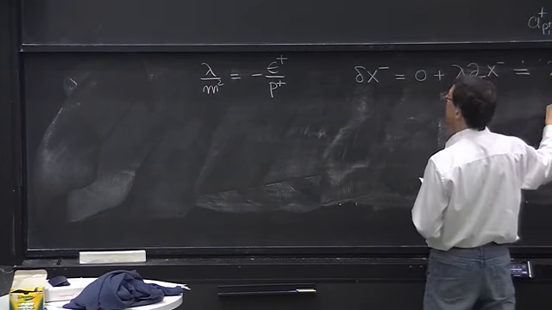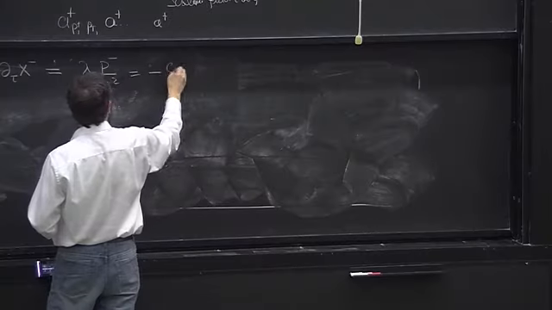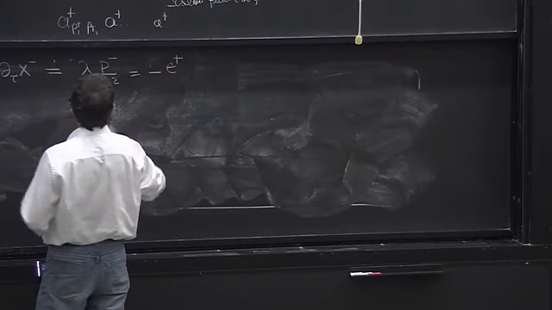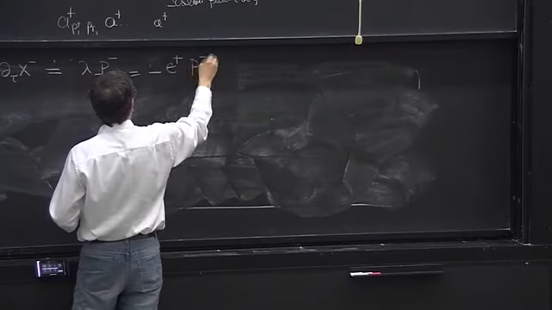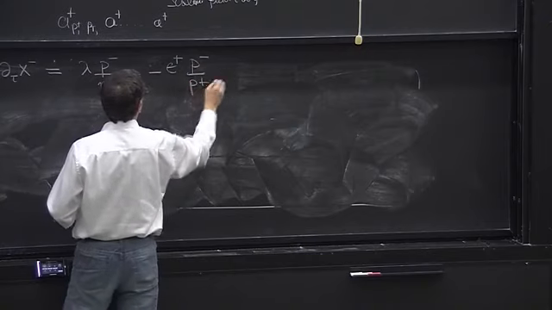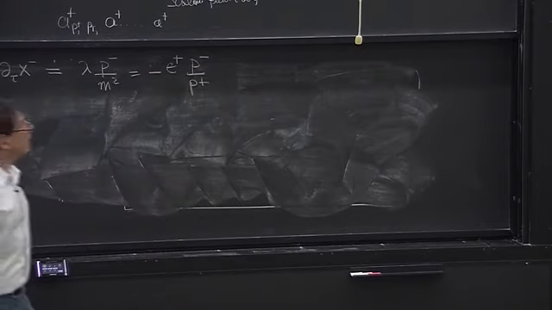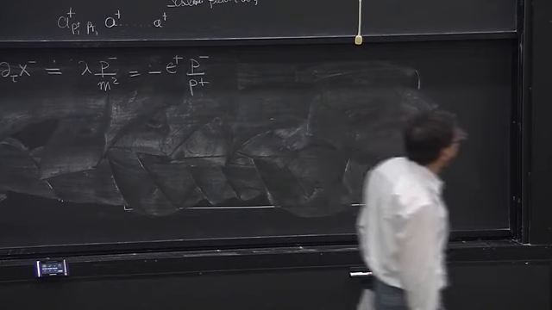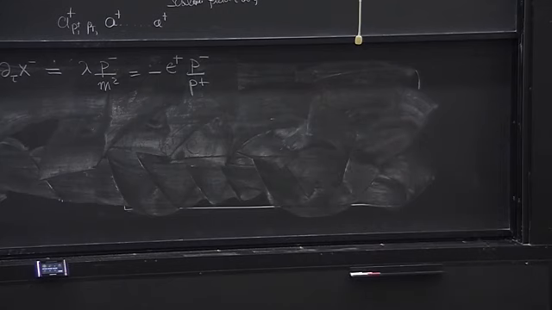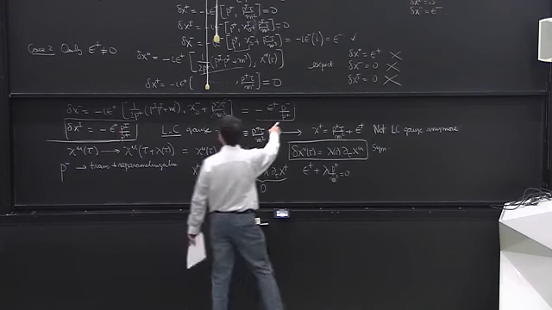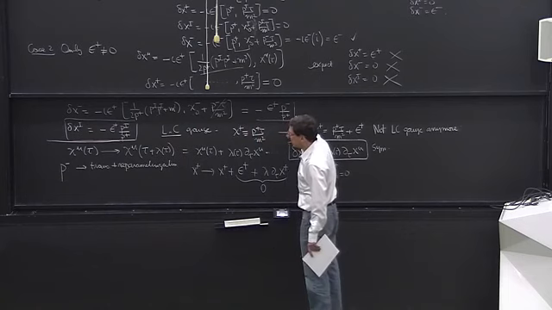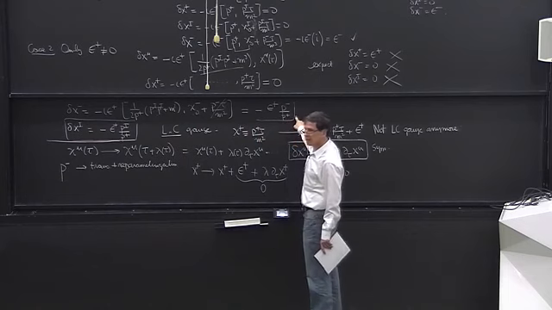And lambda over m squared is minus epsilon plus. Then you get p minus over p plus. And here it is, delta x minus. It's exactly that. That's what it did.